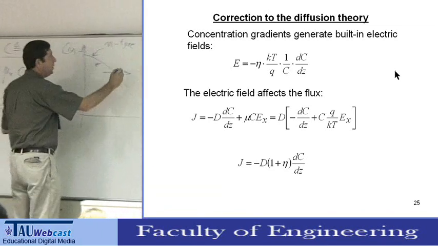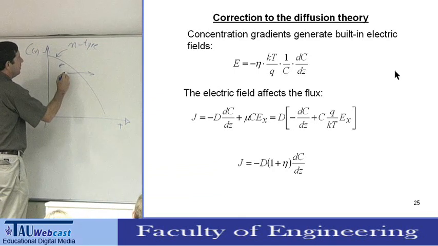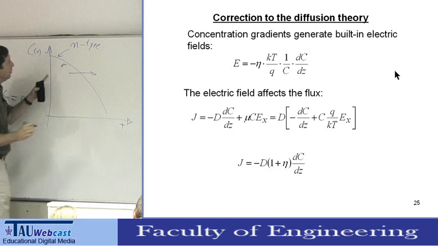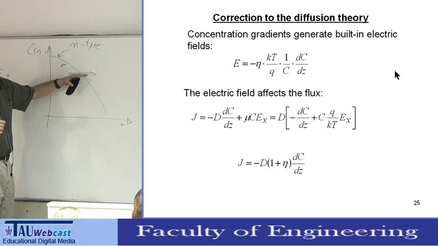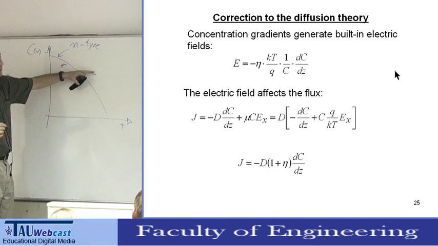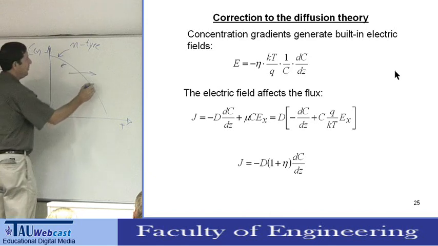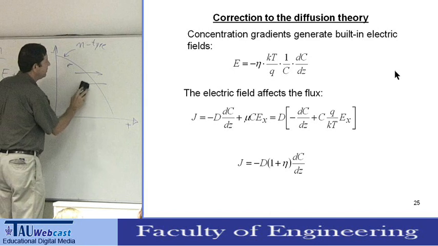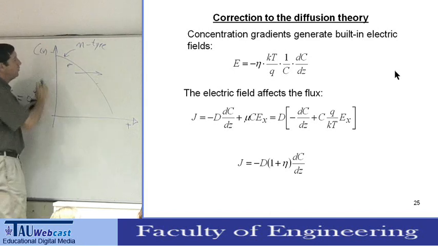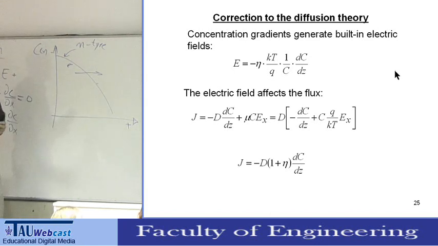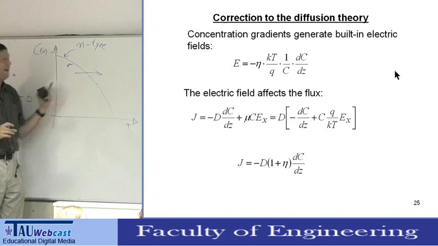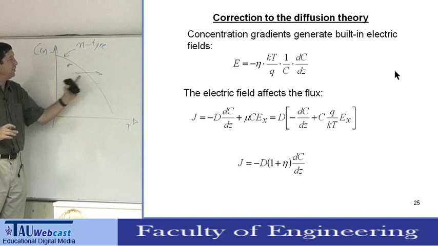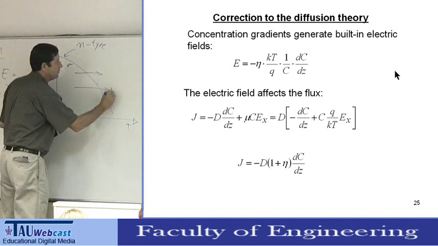And the reason, because here the electrons want to go into this direction. So if the electron wants to go into this direction, it means we have electric field. If the electrons want to diffuse in this direction, we need to generate electric field that will bring them back. So electric field that brings back electrons from here to here is electric field in this direction.